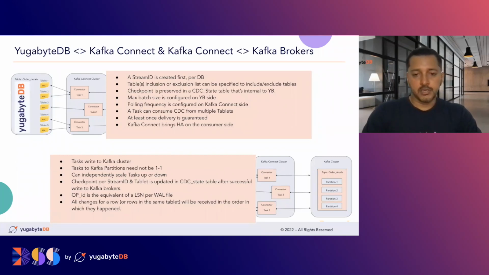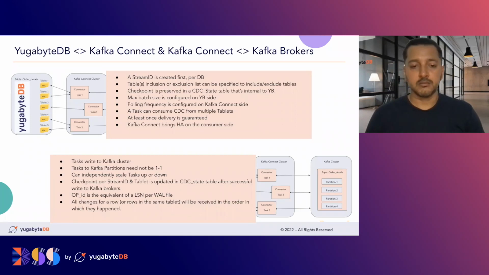One advantage of Yugabyte CDC as opposed to other connectors is that we maintain our checkpoint ourselves. Because YugabyteDB is a database, we ourselves provide high availability and scalability. For each tablet and stream, we maintain these checkpoints, as opposed to other connectors that store them in Kafka.